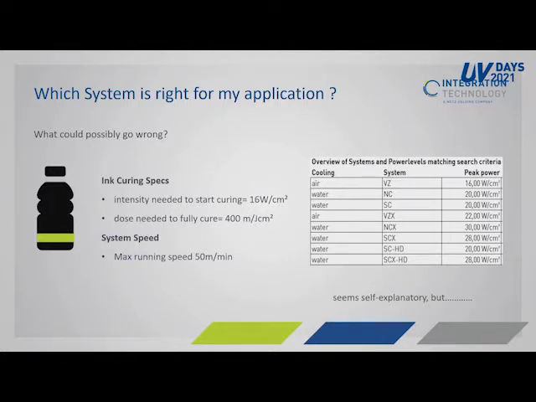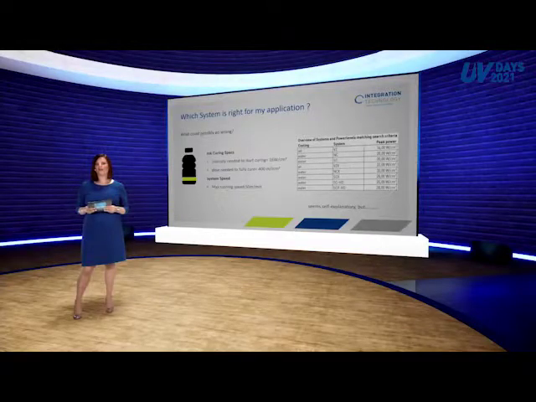So we got two figures there. Now, if we just take the intensity, it looks pretty simple. If you look at our choices of the overviews of our systems there, okay, we just take the VZ system with 16 watts. But we have to also consider the speed of the system, and we mustn't forget that.